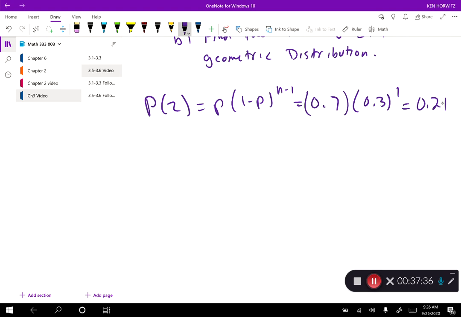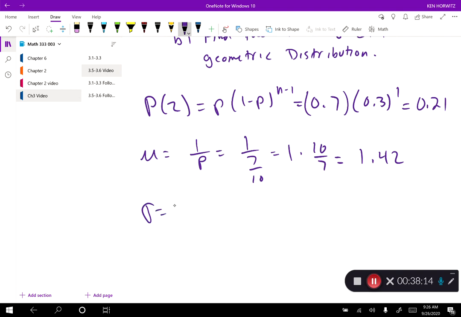All right, so our mu equals 1 over P, which equals 1 over 7/10, because 0.7 is 7/10, which equals 10 over 7. And I got 1.42 as my mean. So she'll hit the target for the first time anywhere between 1 and 2 shots, typically.